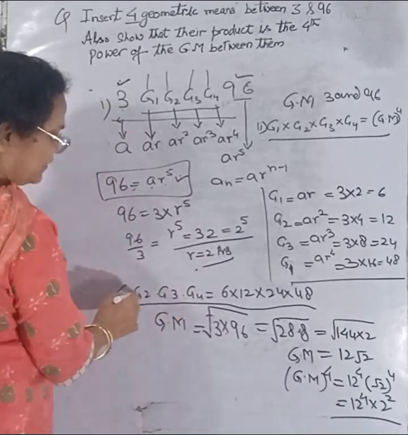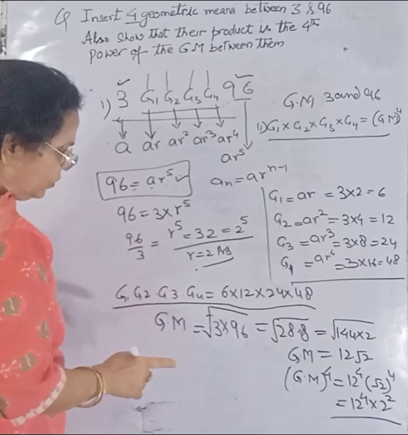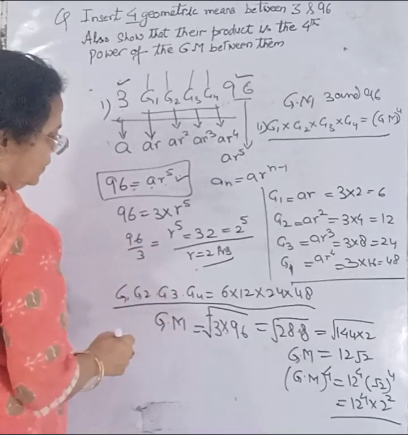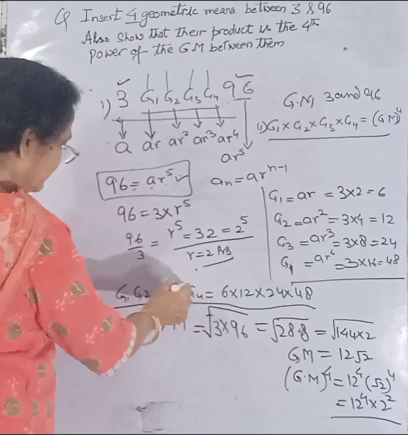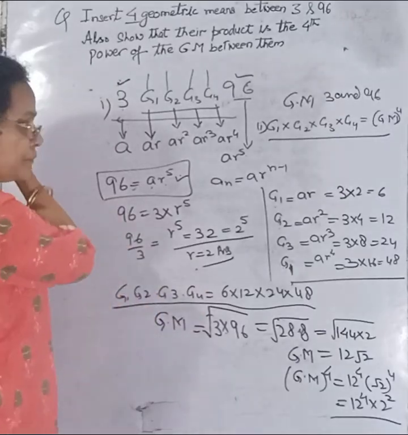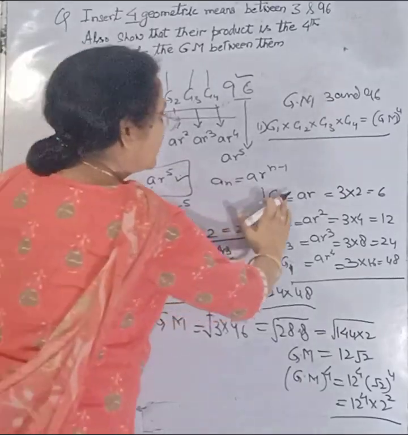Now we have to bifurcate this. 12 to the power 4 into 2.